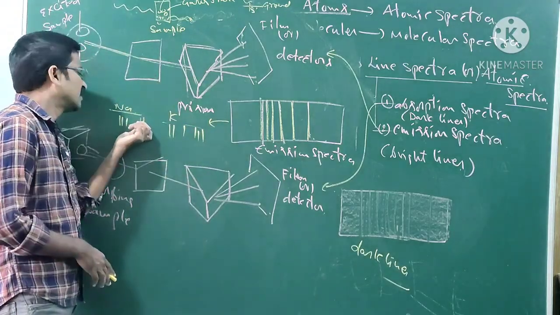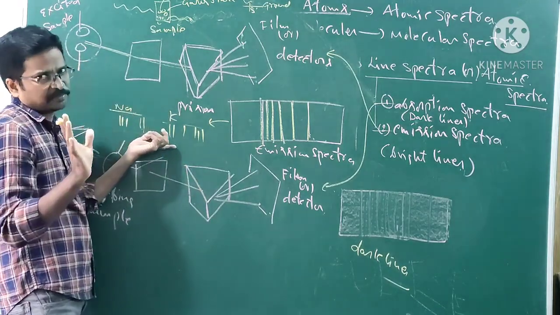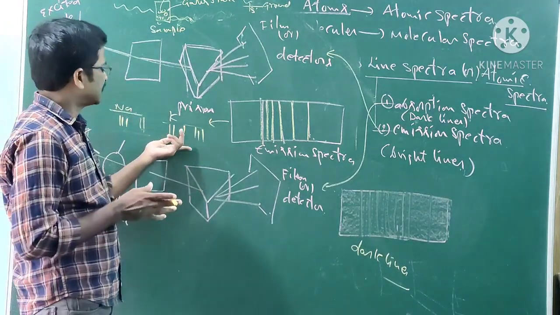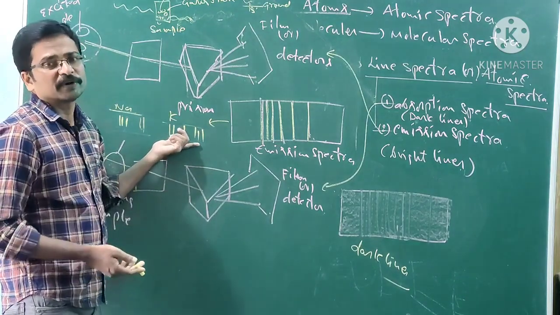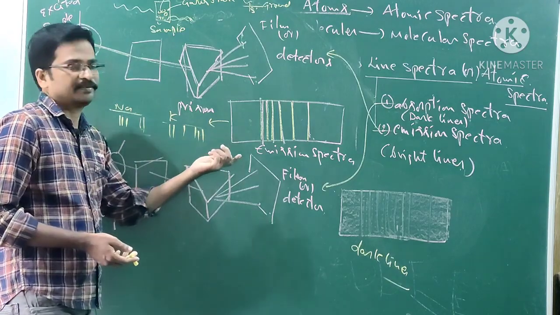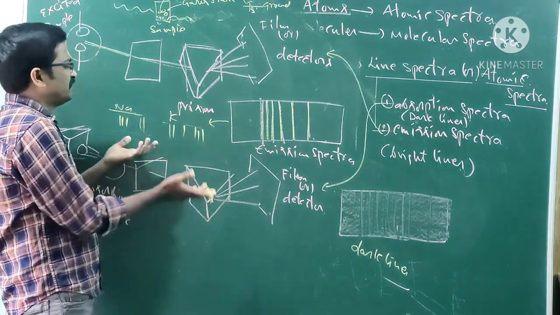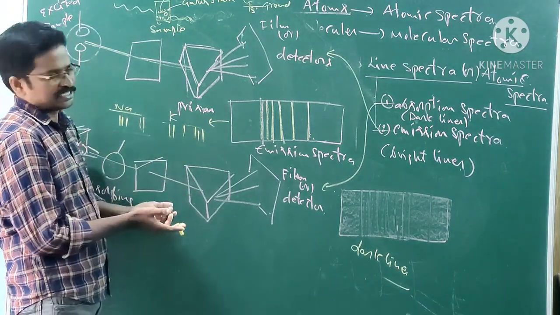Three lines near and two lines farther; this is an example. In case of potassium, two lines are nearer, one line is in the center, and three lines are far away. This is the rough analysis.